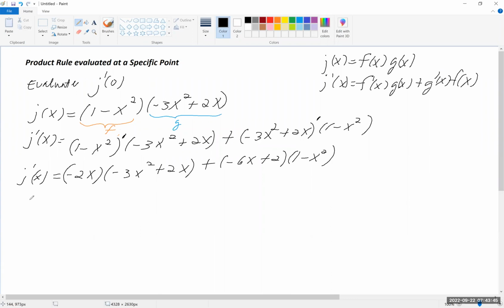So then now what I need to do is distribute that over this way. And then of course, over here, we've got to distribute as well, but we like to use the FOIL method, right? That's fairly commonly used to help us keep track of how we're going to distribute. So then this is 6x cubed minus 4x squared.